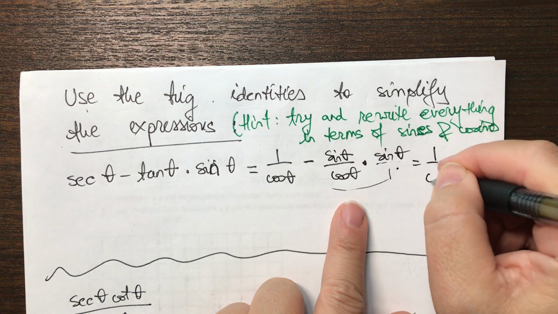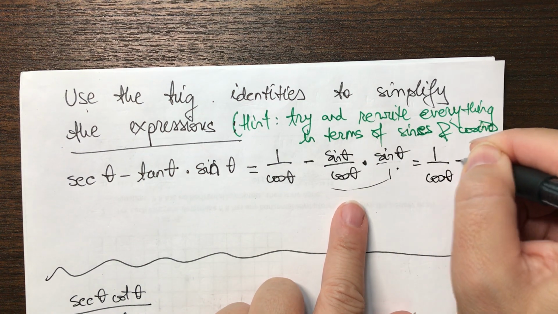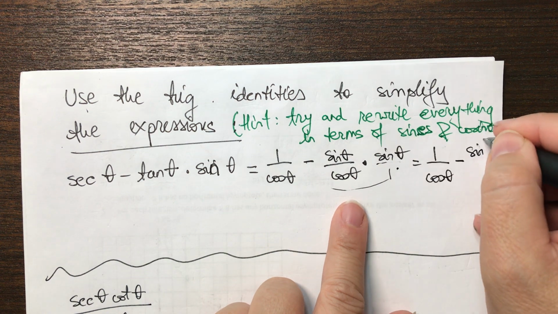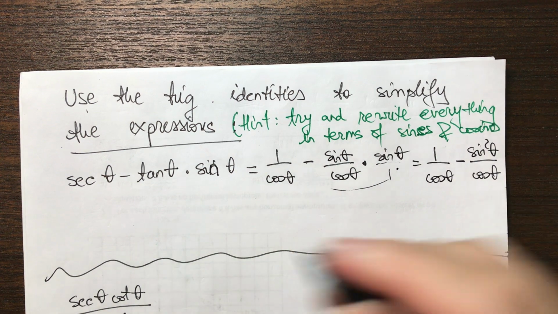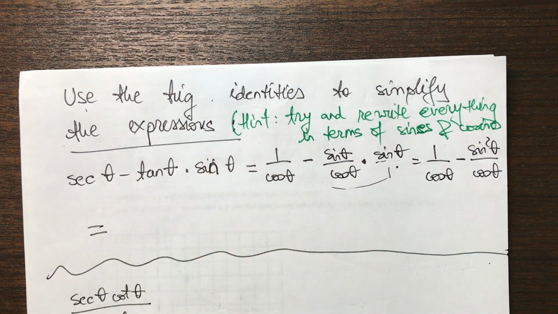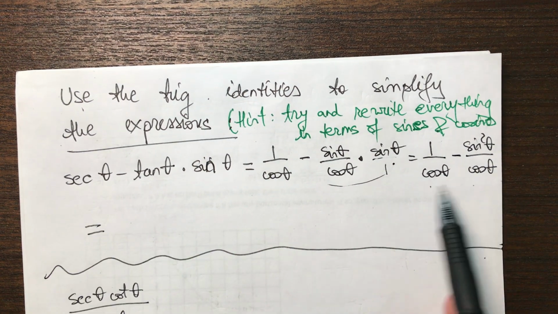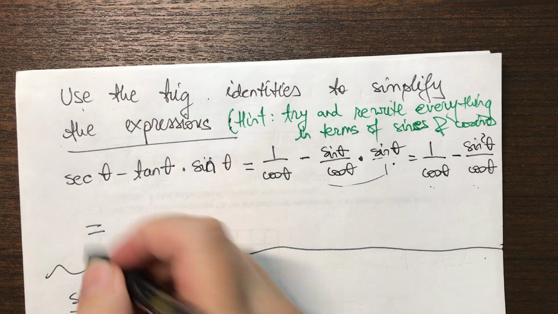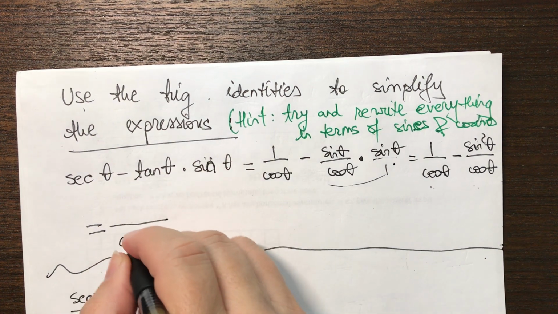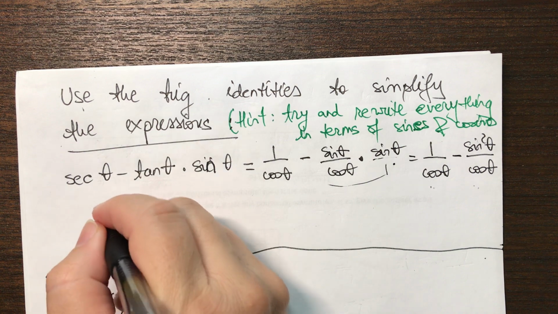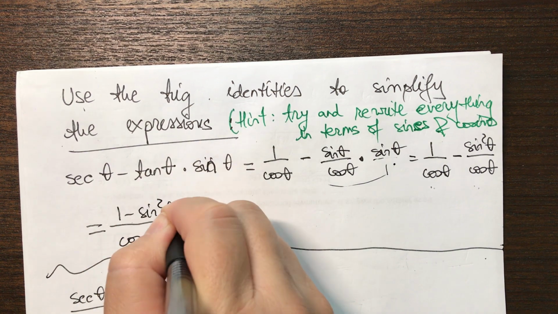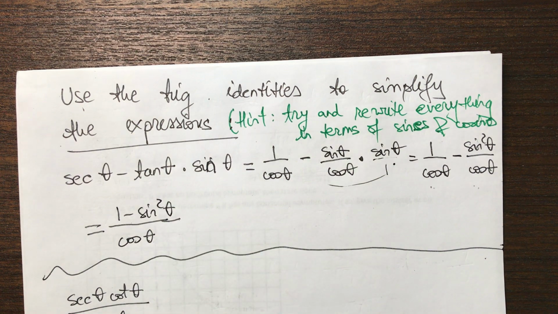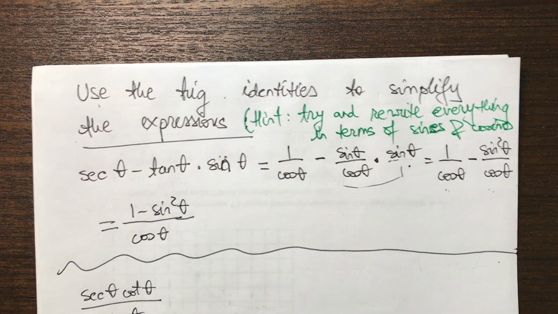So I can write this as 1 over cosine theta minus sine times sine, which is sine squared theta, over cosine theta. Okay? So what else could I do? Now I am supposed to subtract two fractions. I need a common denominator. Oh, yay, I have a common denominator. Okay, so this might actually look a little bit worse, but it's way better.